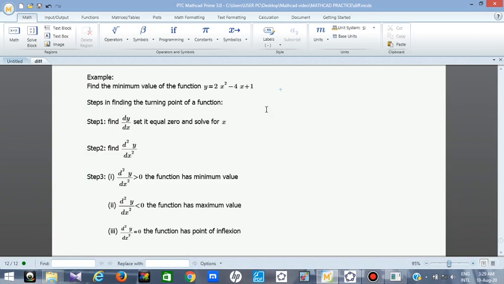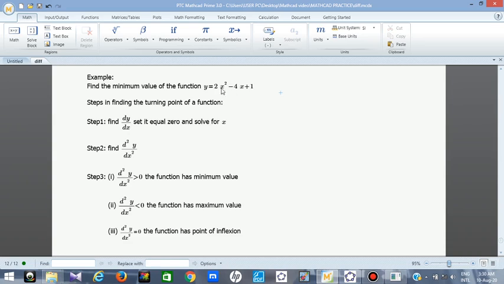Let's see what we are doing. So if you are to check for this function, for example, y equals 2x squared minus 4x plus 1. If you want to get the minimum value, which is the turning point, how do you get the exact point for the minimum value of this? So the first step here, we find dy/dx.